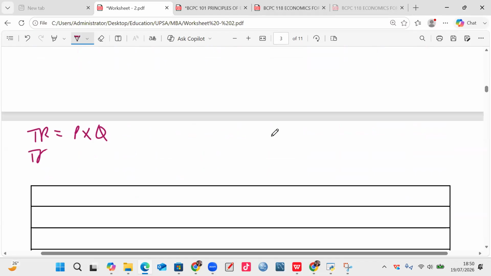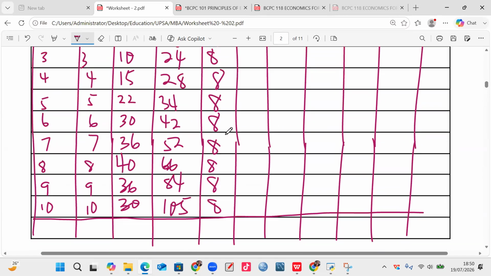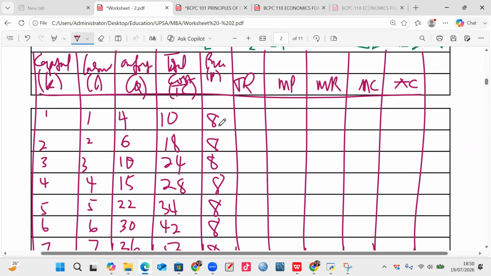Total revenue for labor 1. What is the price? 8 cedis, right? Capital labor 1. 8 cedis. What's the total output? 4.